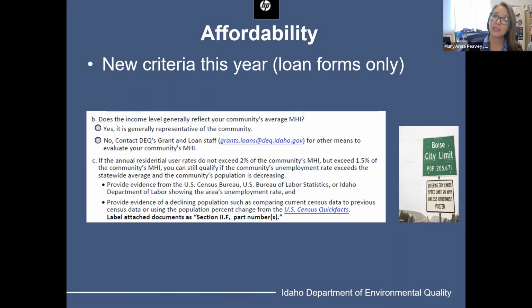That you have a declining population in your community, and second, that your unemployment rate is higher than the state's average. And on the letter of interest, we show a couple different ways in which you can provide that evidence to us. But again, you do need to show us that evidence that comes into play, and then you could, again, qualify for being a disadvantaged community.